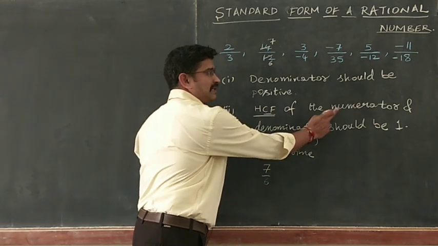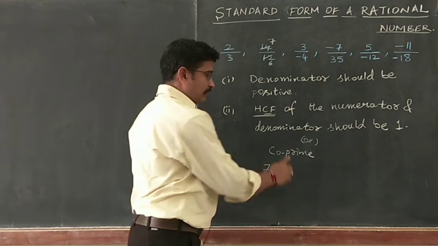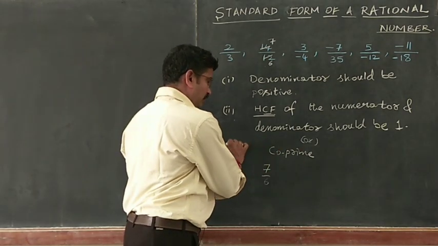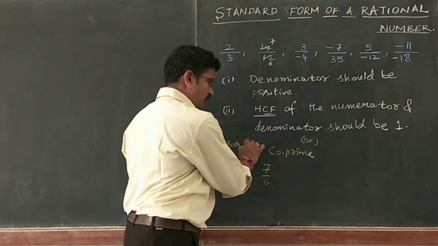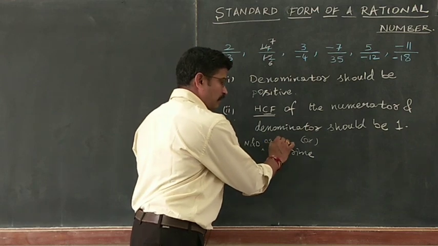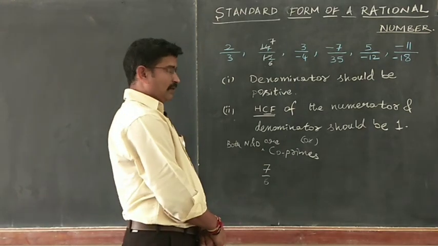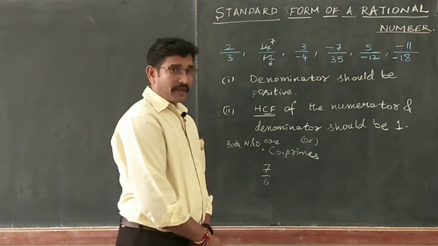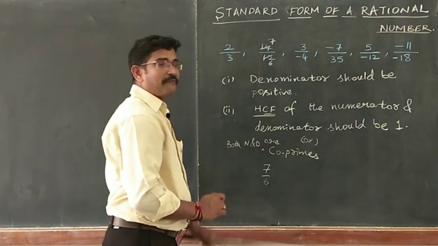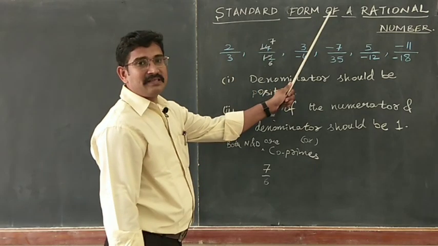Both numerator and denominator are co-primes, we say. This is how in simple language we say. Children, now here we have got these two conditions satisfied. Such a rational number is called in standard form.